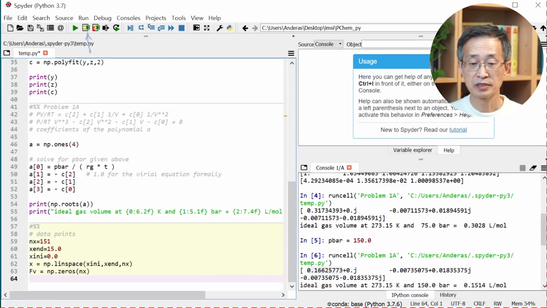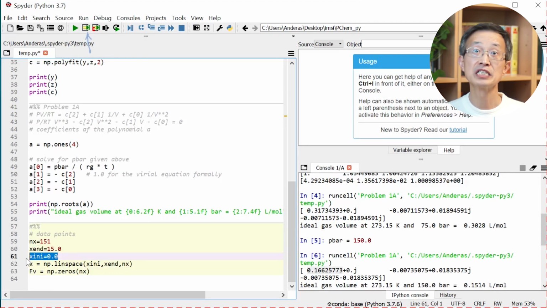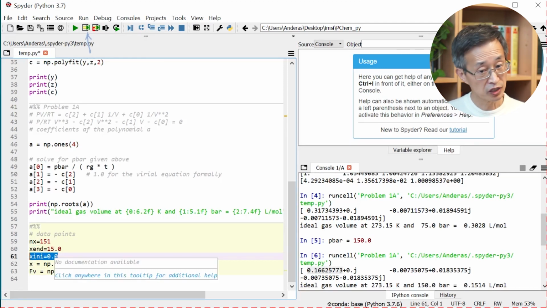There are many ways, but one easy way to plot is to generate numbers on the x-axis, each data point. Here we are going to plot from 0 to 15. This is the reciprocal volume, so infinite volume means zero pressure, and higher values mean higher pressure.